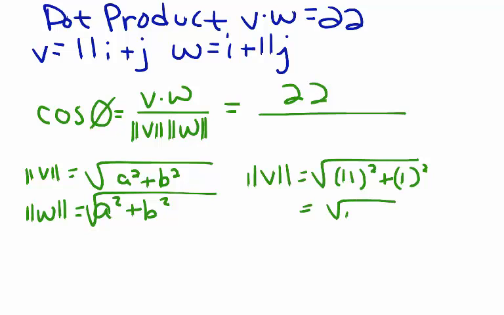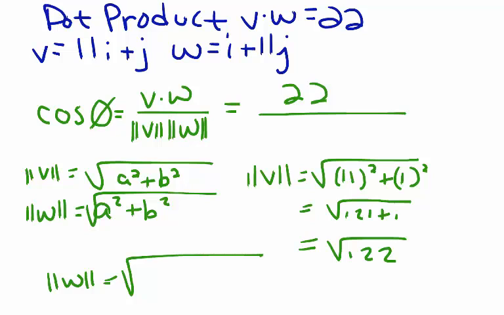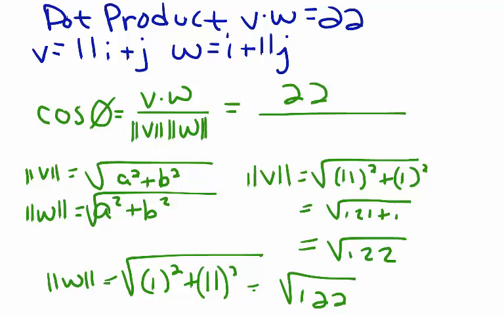This equals the square root of 121 plus 1, which equals the square root of 122. For vector w, we have the square root of 1 squared plus 11 squared, which is also equal to the square root of 122.